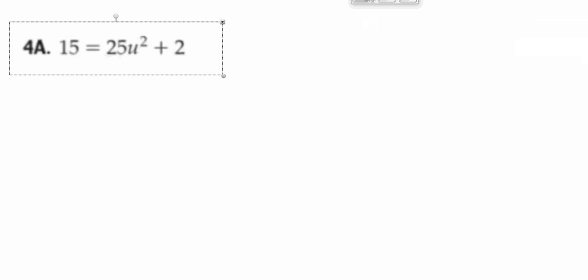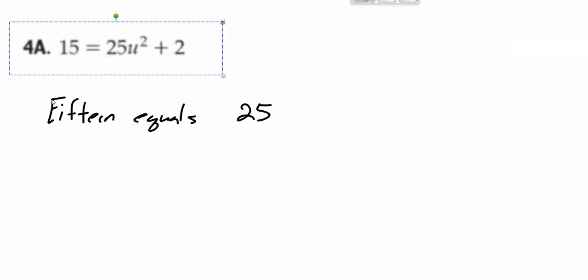All right, so 4a, what you see is 15 equals 25 u squared plus 2. Well, 15 equals, let's go ahead and write that. So 15 equals, so 25 u squared, we can easily say 25 times the square of u, or 25 times u squared, either one of those works. So let's go ahead and put, and we can even write the numbers too. We don't have to write out the words.